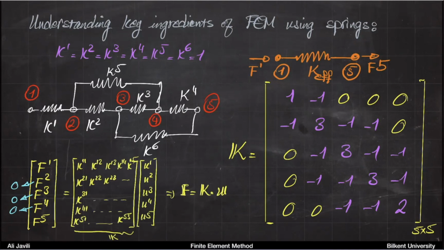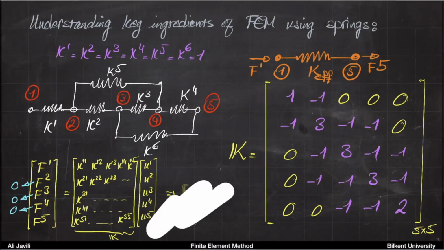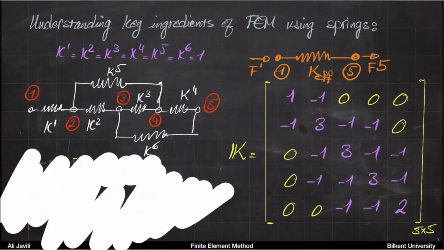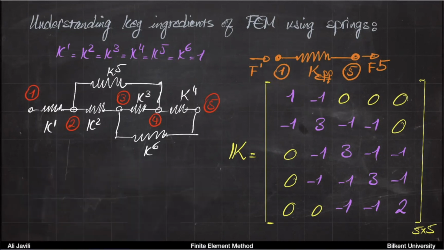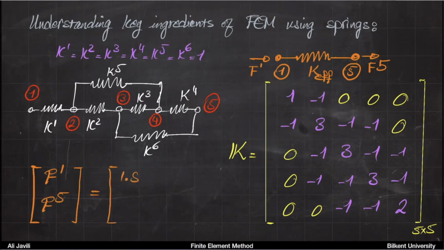And if you have done that for this example, let me just do it in a different slide. If you do this for the example here, you would end up with a system which is going to look like F1, F5 equals 1.5, minus 1.5, minus 1.5, 1.5, times U1, U5.